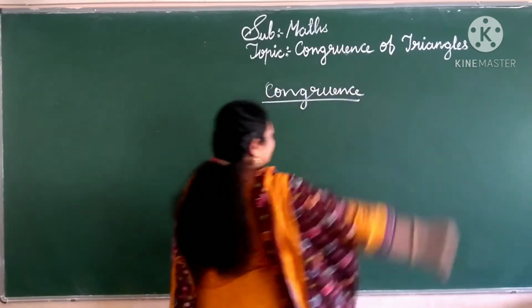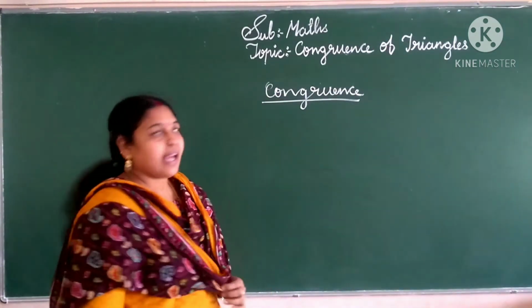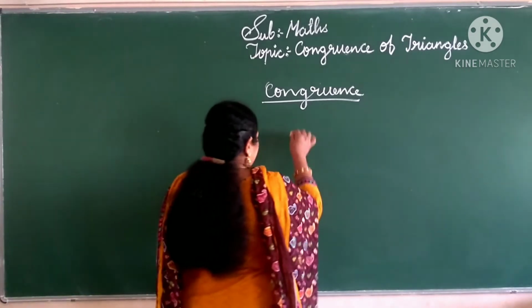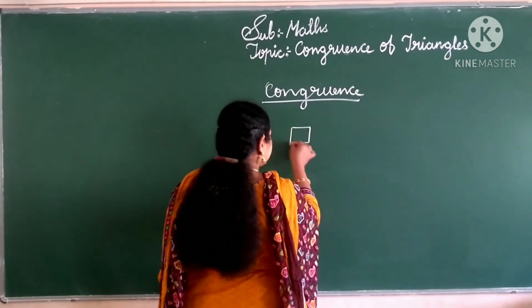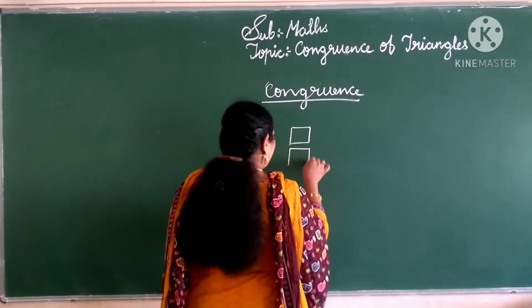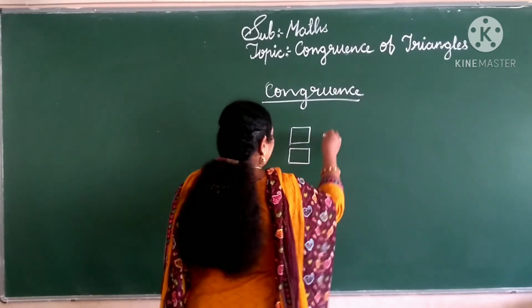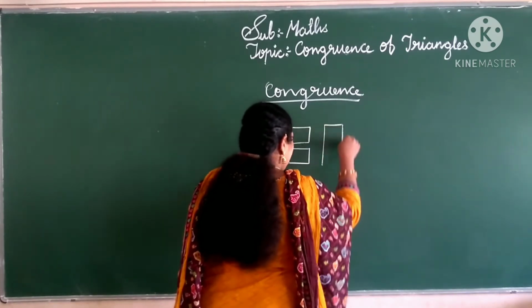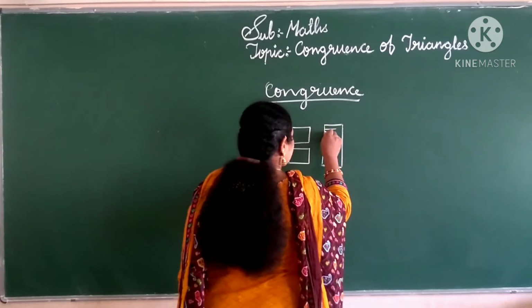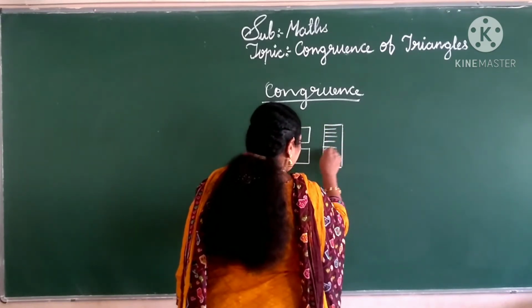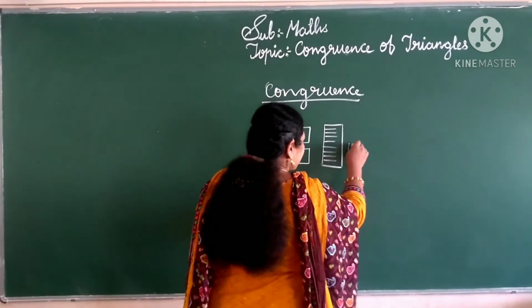If you take two objects, let us take two biscuits. All of you like biscuits, right? In one packet of biscuits, how many biscuits will be there? Maybe we can imagine 10 biscuits.